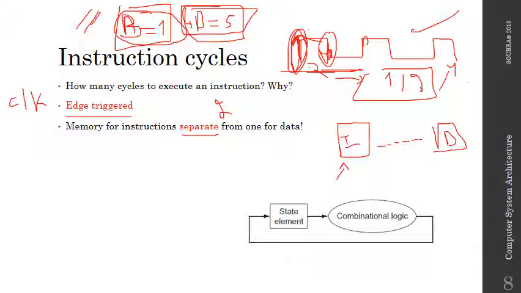Fair enough. This means that I have a separate memory for data and a separate memory for instructions. I'm not in von Neumann. There's another class of architecture here. I'm going to name it.